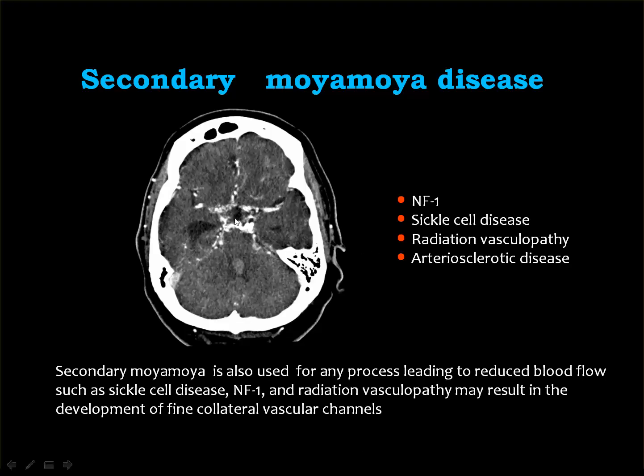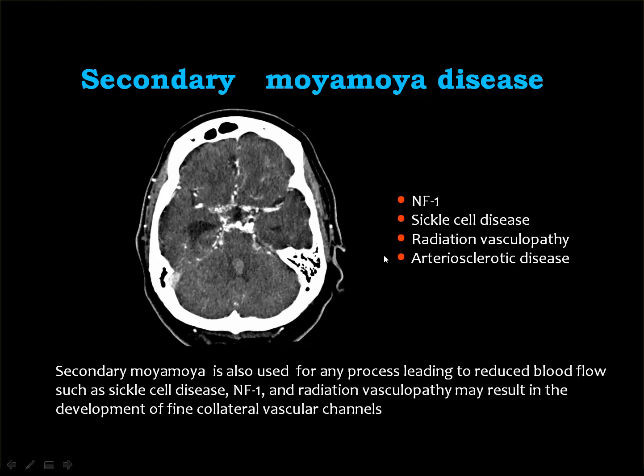Obliteration of the vessels of the circle of Willis may be secondary to neurofibromatosis, secondary to sickle cell disease, secondary to radiation, secondary to arteriosclerosis. Sickle cell disease is prominent in Saudi Arabia, for example, and I have been an examiner in one of these locations in Saudi Arabia, and I brought a case of Moya-Moya disease with me from Egypt.